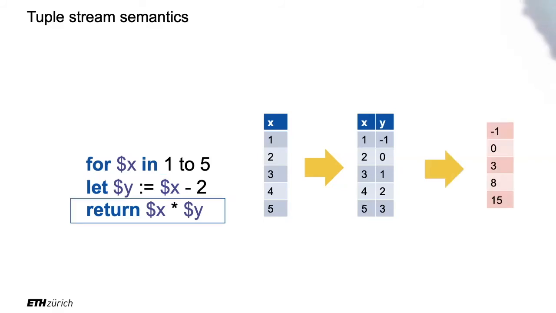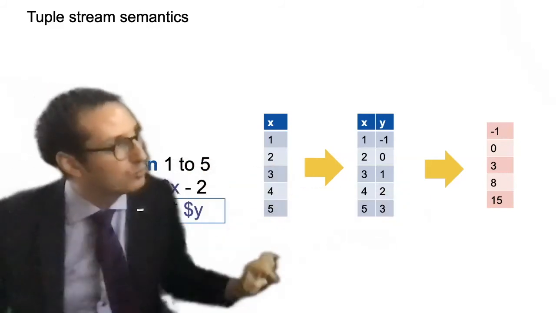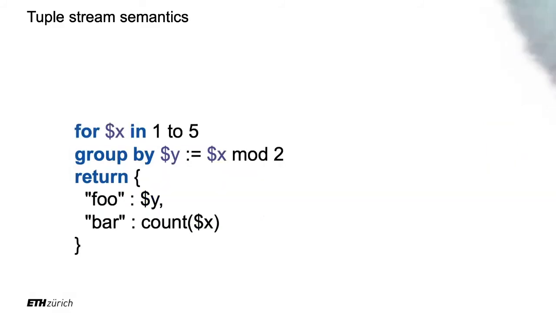And then return x times y. So you see 1 times minus 1, 2 times 0, 3 times 1, 4 times 2, 5 times 3. If you have this visualization as tuple streams, then you'll understand any FLWOR expression, and you can see how it generalizes very nicely, right?